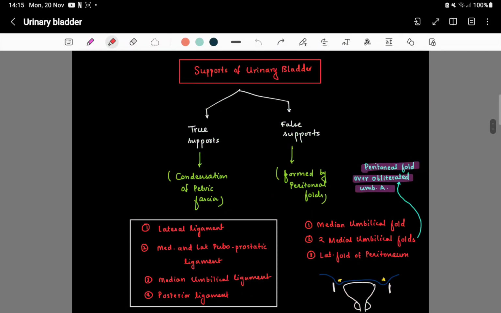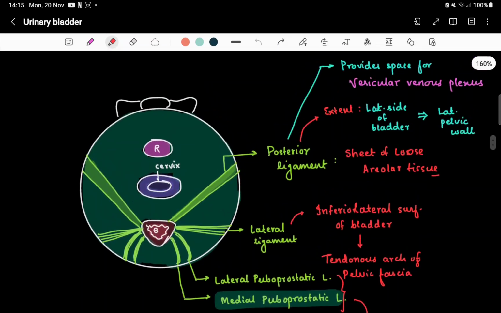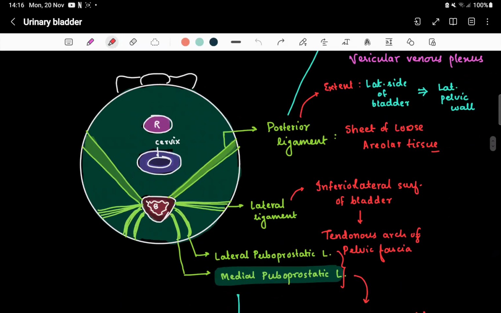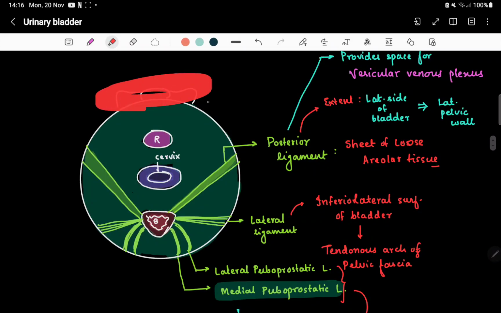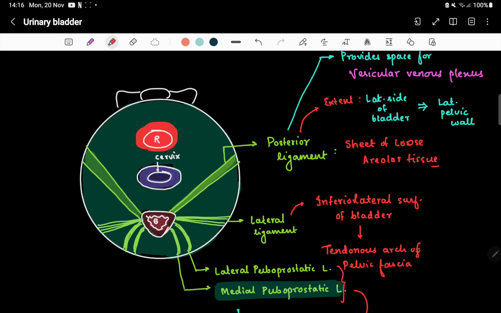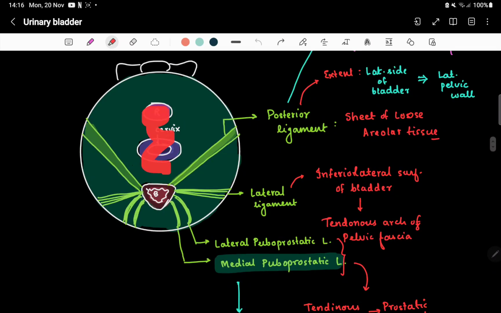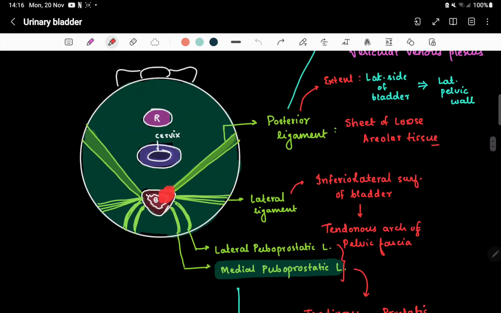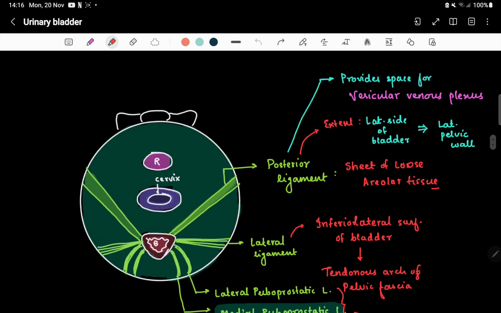So here you can see a section taken, and your pubic bone and all is present in the part. Your rectum is there, the cervix is there, and the bladder is there. You have the posterior ligament, which is a sheet of loose areolar tissue.